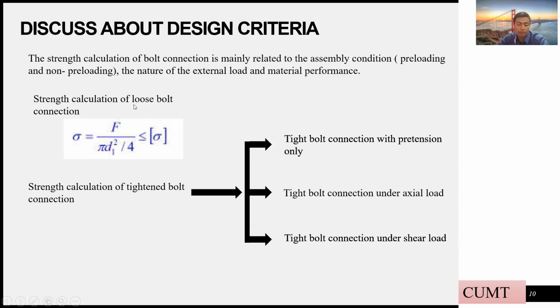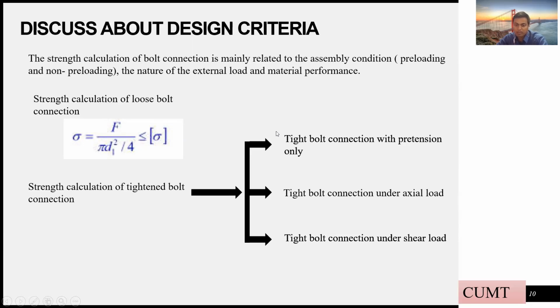The first one is the loose bolt connection and the tightened bolt connection. As you can see, the equation to measure the strength for the bolt connection, and then I'll talk about the connection strength of a tightened bolt.